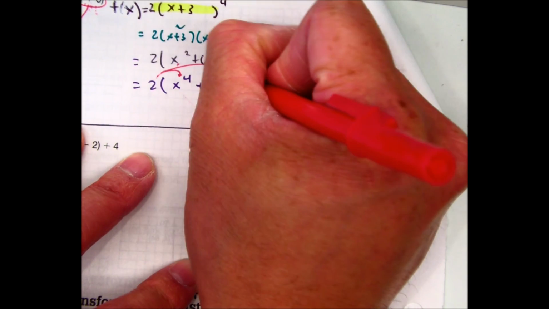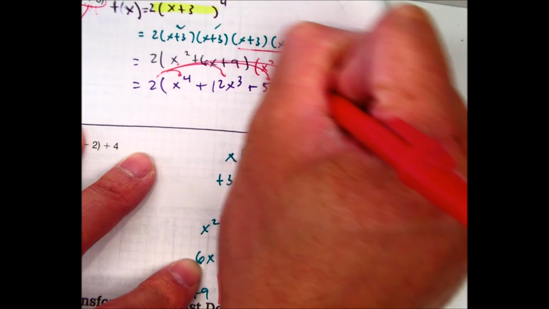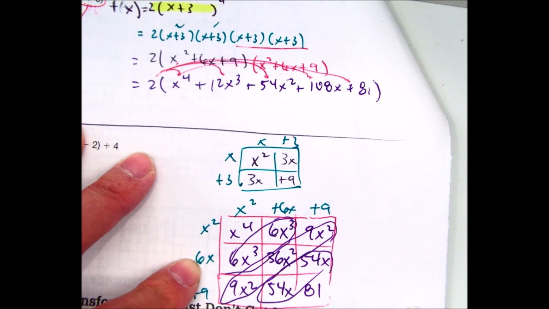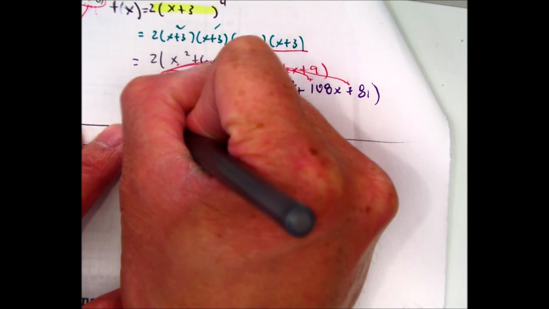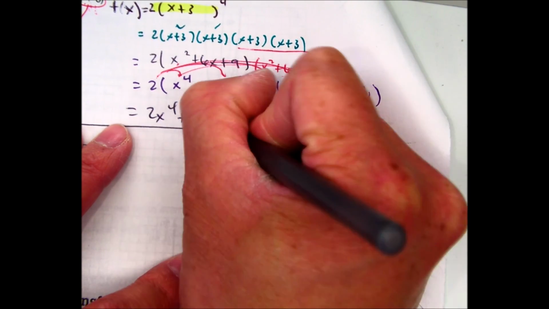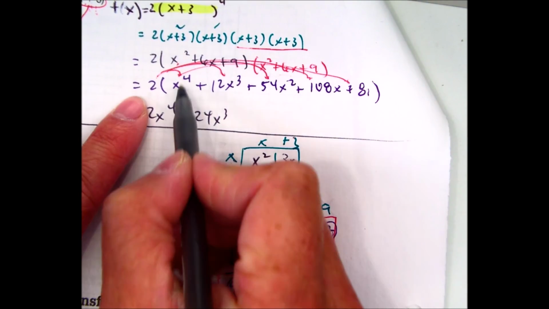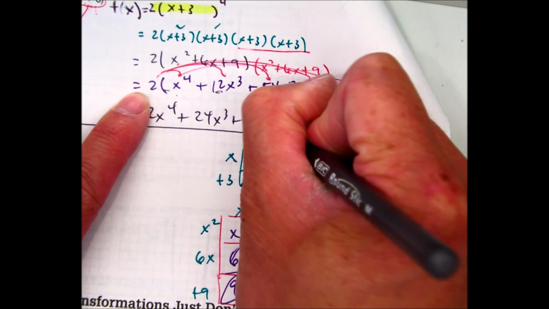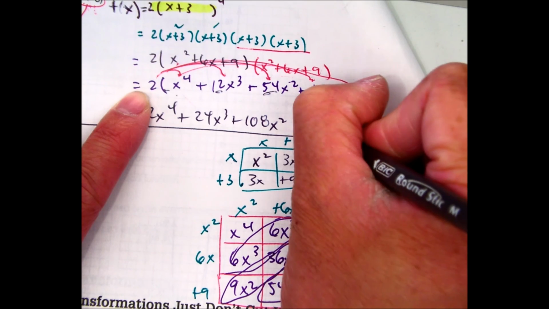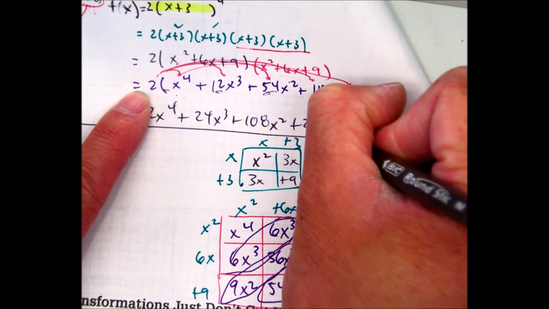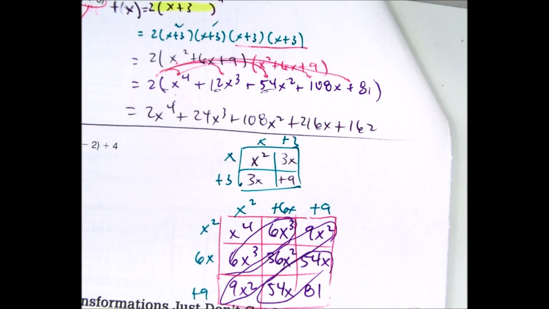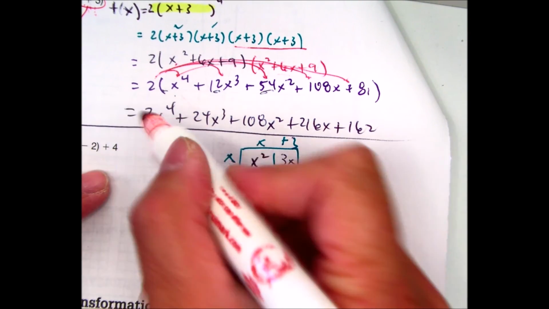And then we have the fun of basically distributing the 2, or doubling every coefficient. So I'm going to get 2x to the fourth plus 24x to the third. So I'm just multiplying again by 2 the coefficients, plus 108x squared plus 216x plus 162. And that is my grand answer.